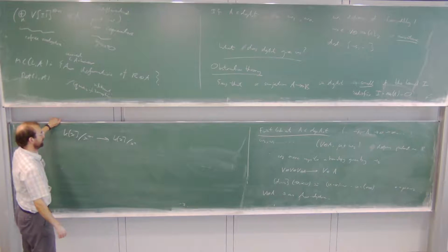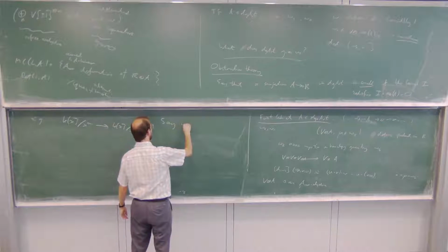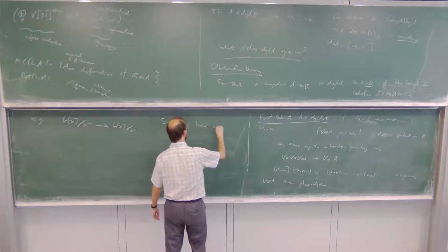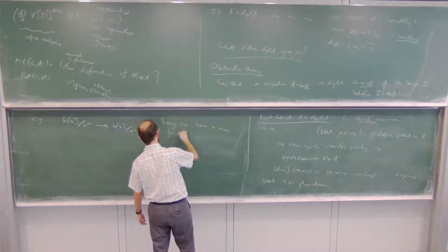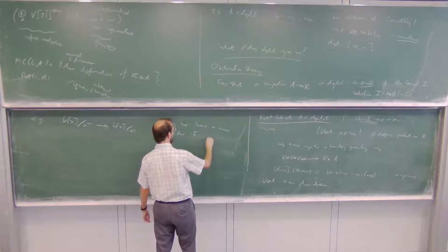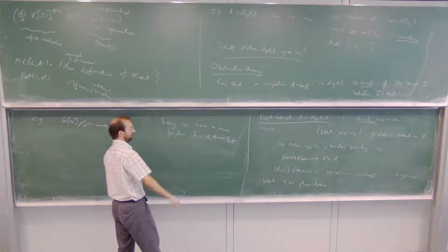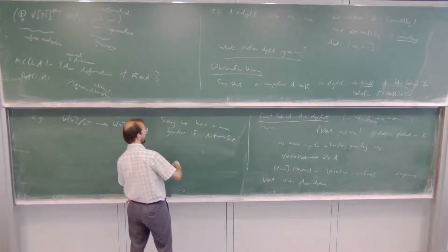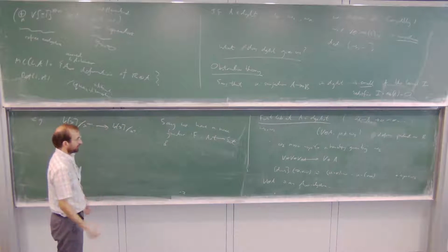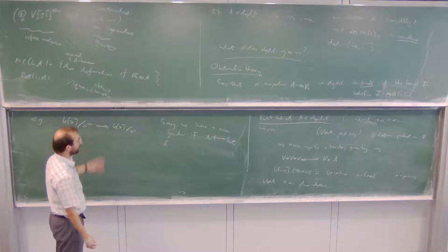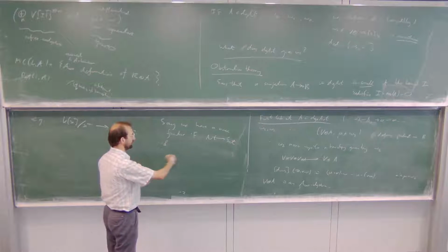So say we have a nice functor F, now defined on Artinian rings, and typically this will be one of the sorts of functors we've seen so far. So you're trying to classify some sort of algebraic or geometric structures.